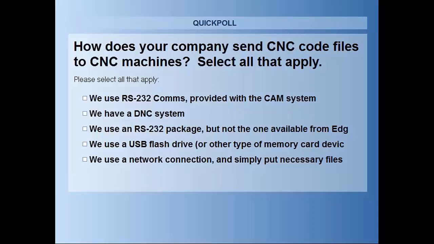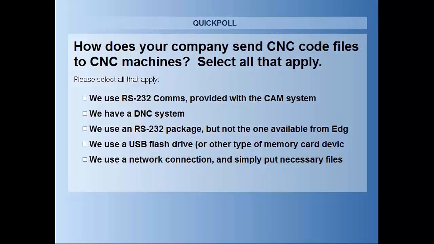If you look at your control browser here, you'll be able to see the poll question: how does your company send CNC code files to your CNC machines? You can check all that apply. For example, if you rely on the CAM system to provide RS232 comms, that's the first answer. Some companies have a DNC system, which may be a better way to transmit programs to multiple CNC machines and really allow the machines to control remote requesting and even data collection.